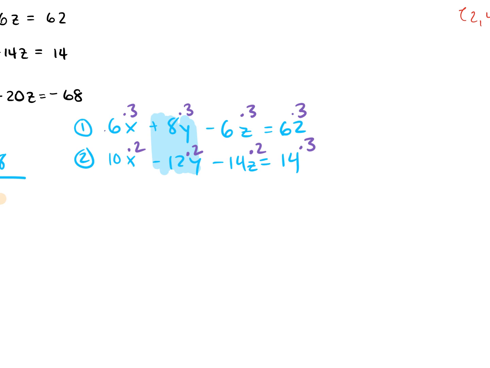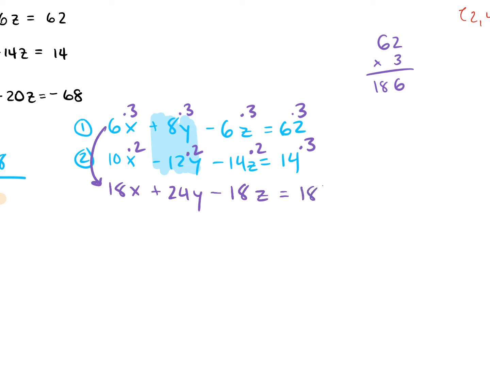I'm going to write them down below here. So 6x times 3 would be 18x plus 24y minus 18z is equal to 62 times 3, which would be 186. And then I'm going to do the same thing with my second equation, but we said we have to multiply that times 2.